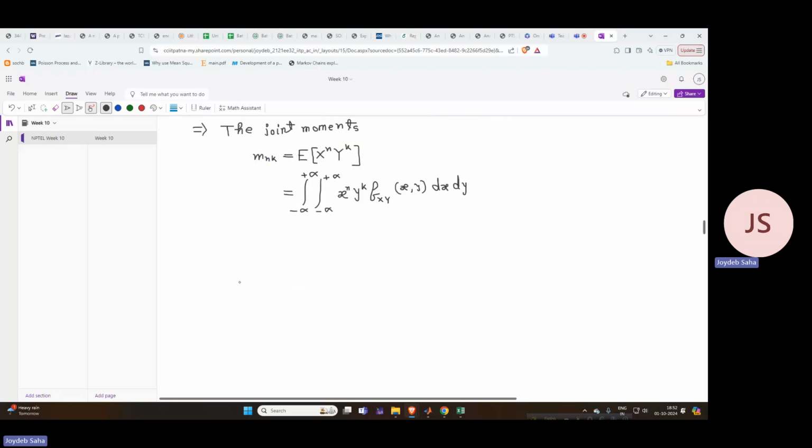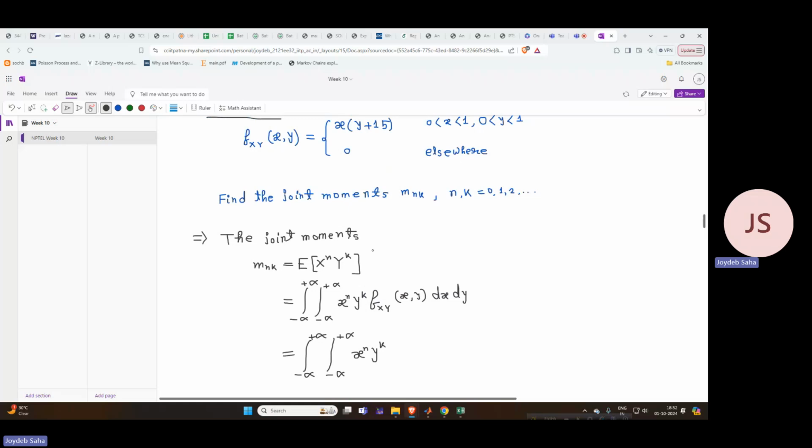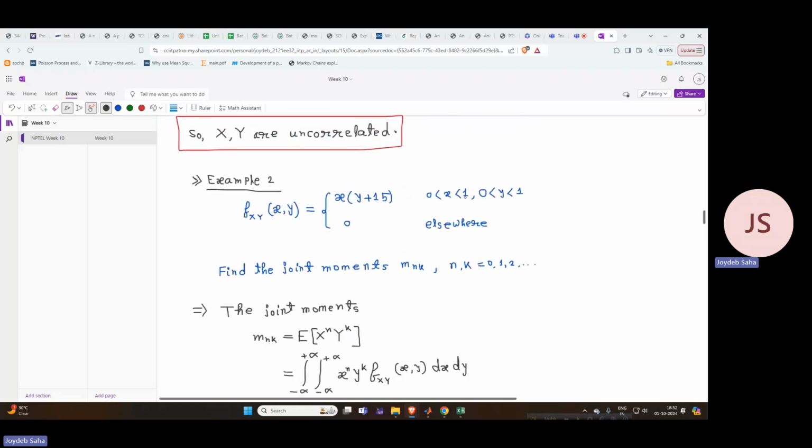Okay, so you can write it as minus infinity to plus infinity. It is a double integration, right? x to the power n, y to the power k, f of xy is given. What is the value? This is 0 to 1, y 0 to 1, this value, otherwise 0.